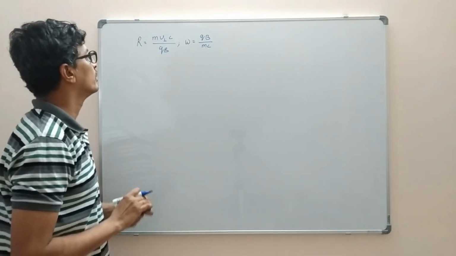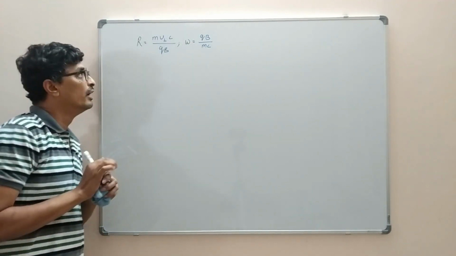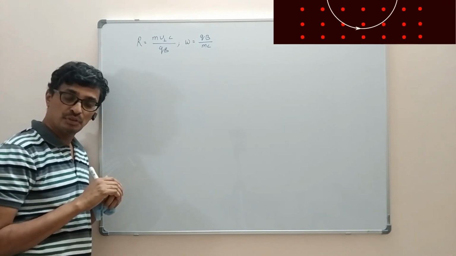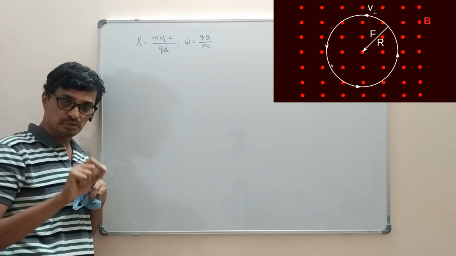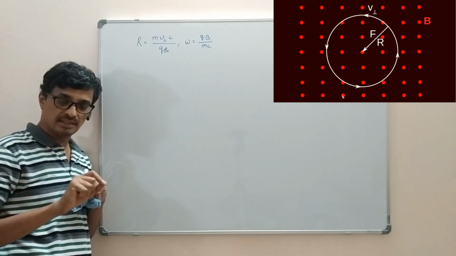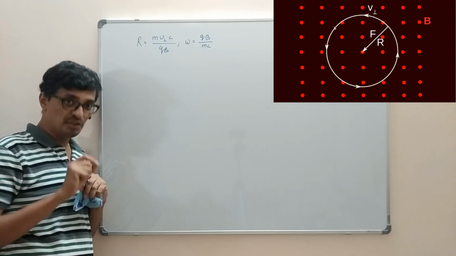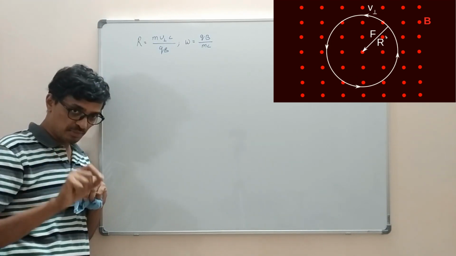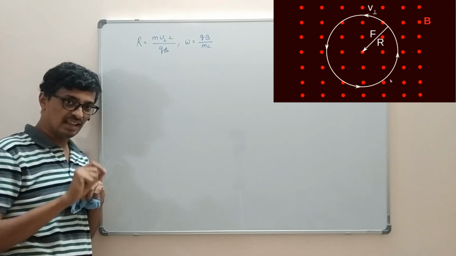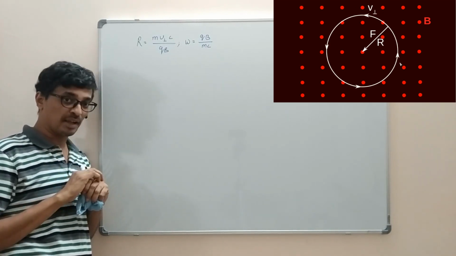So if you see it, a charged particle is going to move in a circle in a magnetic field. So it's a current, it's going to develop a current which is moving along a circle, and this current is going to create a magnetic field.